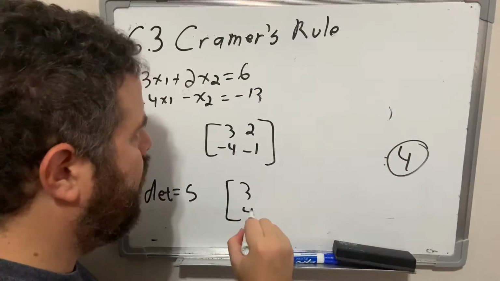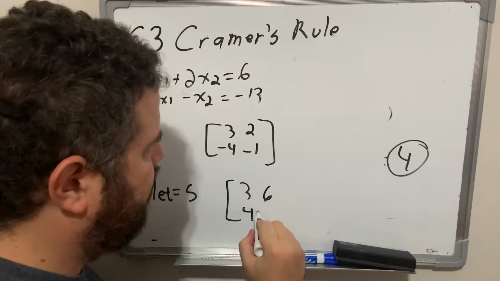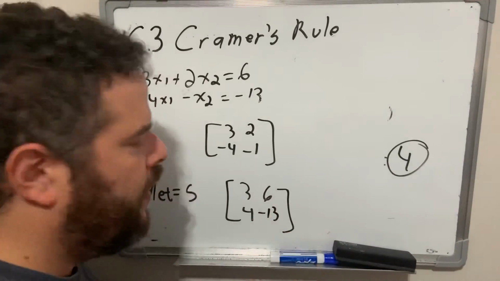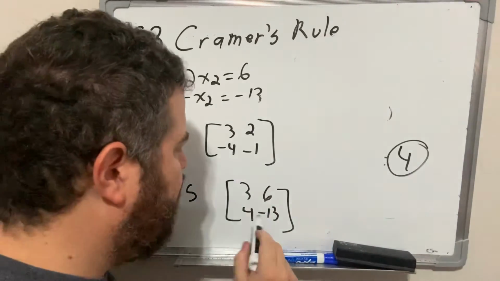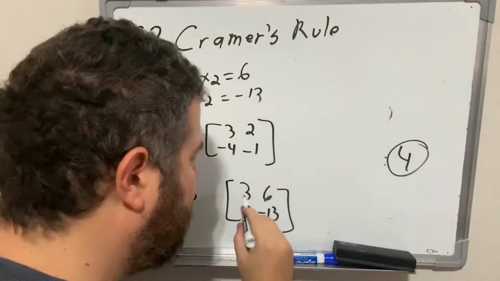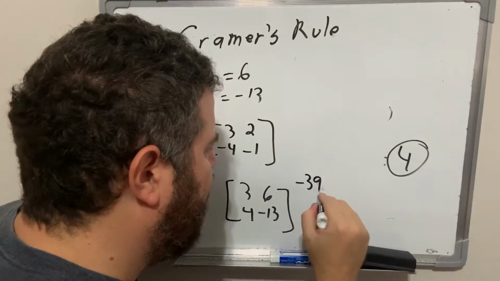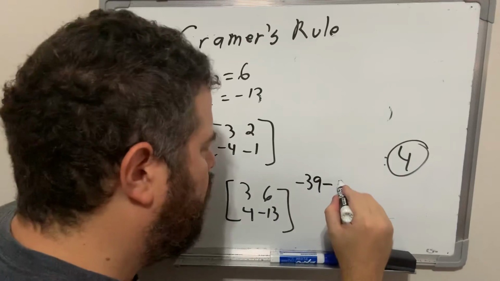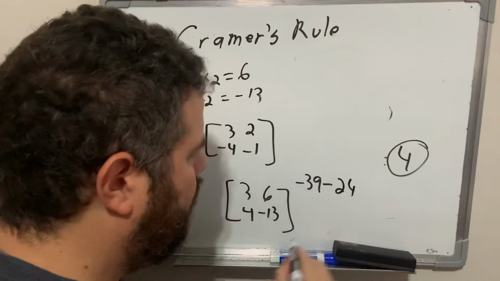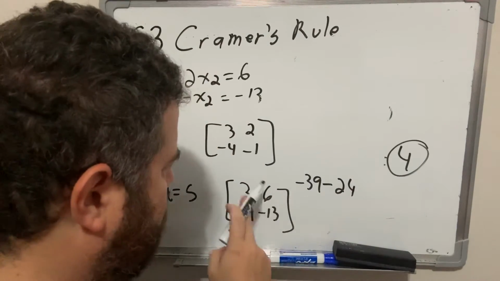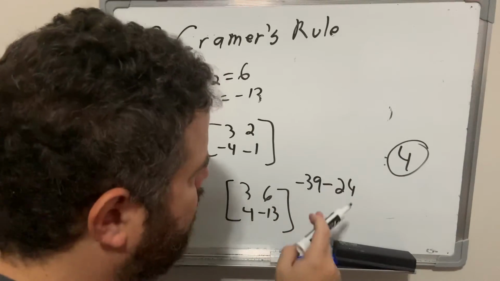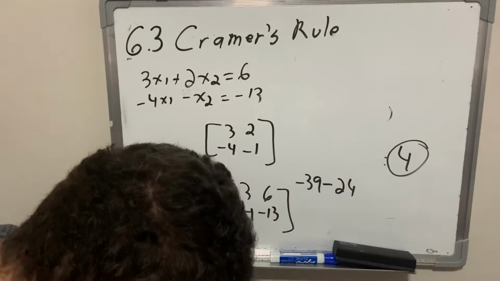So I have 3, 4, 6, negative 13. Let's find the determinant. 3 times negative 13 is negative 39 minus... Did I copy it wrong?